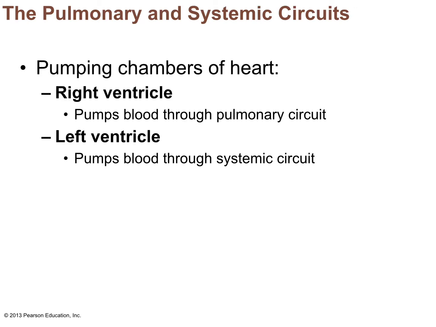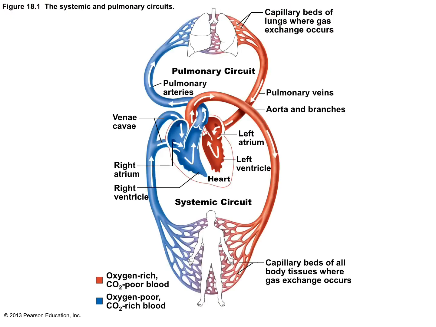And you can see that the right ventricle is going to pump into the pulmonary circuit, which we mentioned goes to the lungs to pick up oxygen, and the left is going to go systemically and supply the body tissues with oxygen. If you remember from the last chapter on blood, oxygen-rich blood is going to be more bright red, and oxygen-deficient blood or poor blood is going to be a darker red or bluish color.